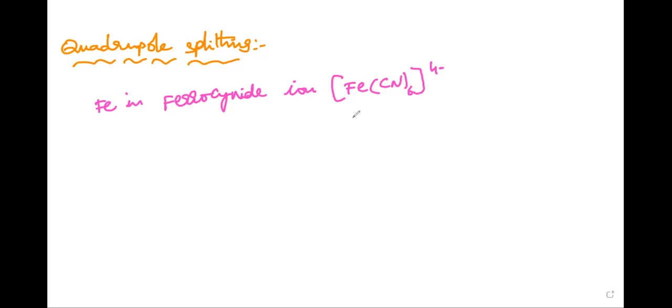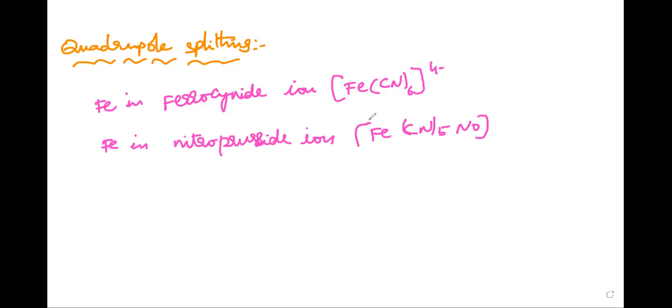Fe in this ferrocyanide ion has been found to have a symmetrical environment. While Fe in another compound, the nitroprusside ion, that is Fe(CN)5NO 2 minus.